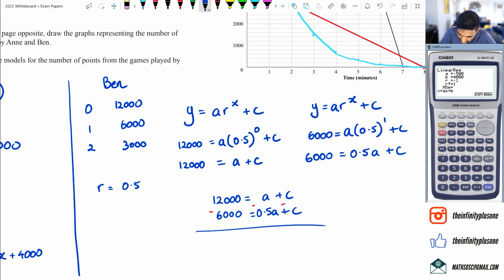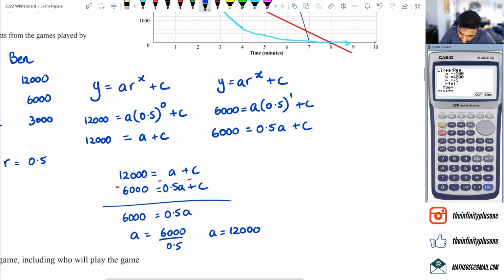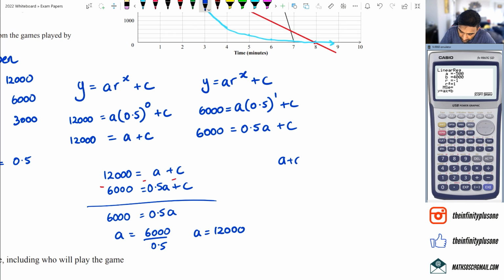When I do this, I'm going to get 6,000 equals 0.5a, c minus c is 0, and then I can say that a is equal to 6,000 divided by 0.5, so a is equal to 12,000. Now if a is equal to 12,000, because we have a plus c equals 12,000, then we can say that c is equal to 0.